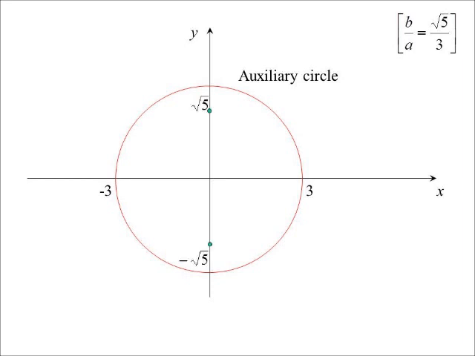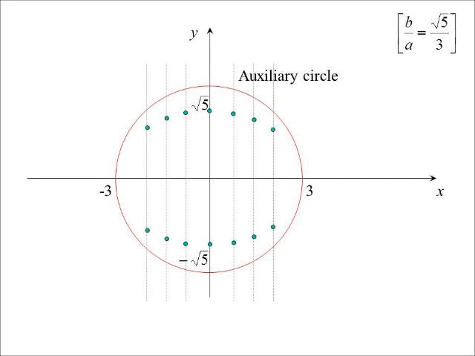So I could draw another vertical line in, measure it, multiply that measurement by root 5 on 3, and that's where I plot the point. I make use of symmetry, because there'll be one on the other side there, plot them, and I can draw as many vertical lines as I like, whatever that measurement is, multiplied by root 5 on 3. And you can see the ellipse starting to take shape.